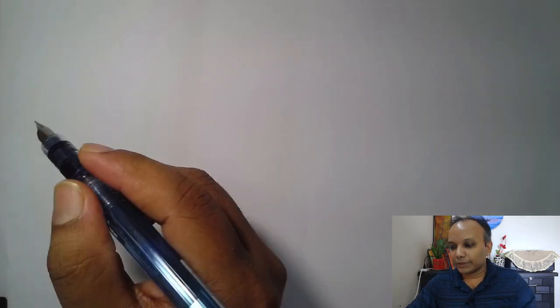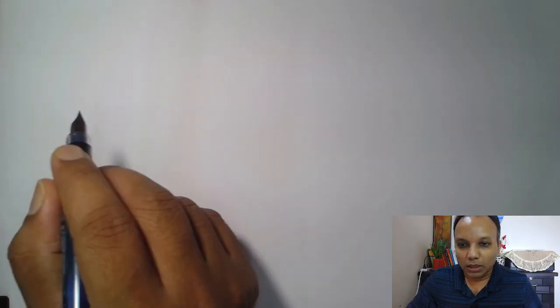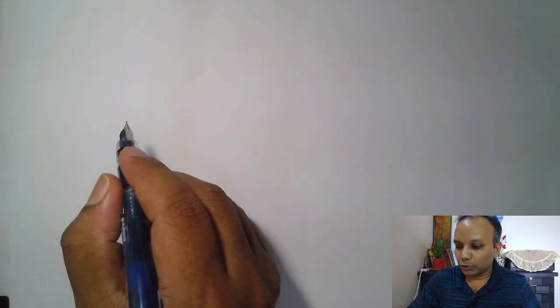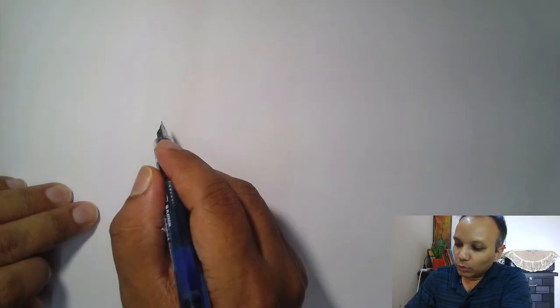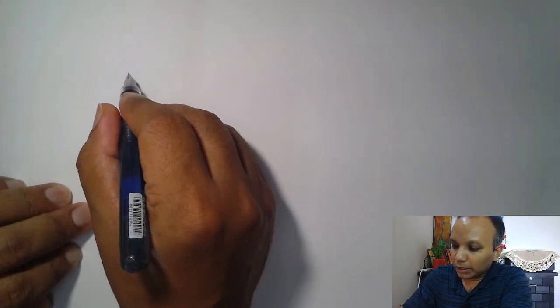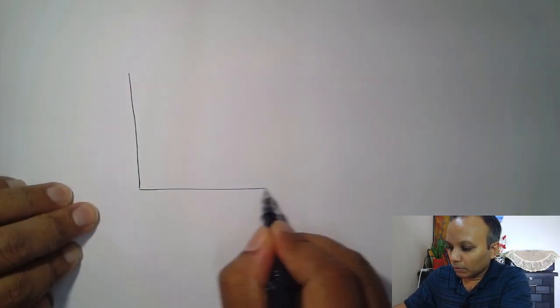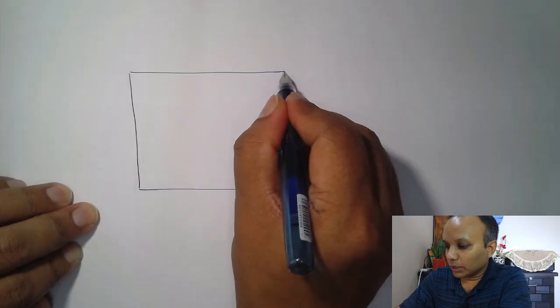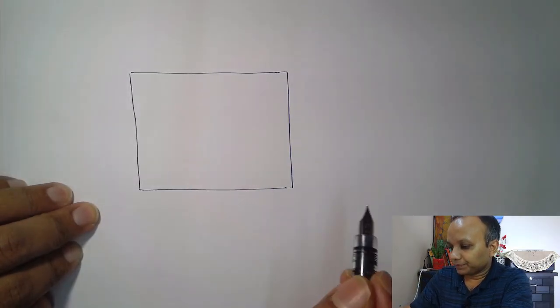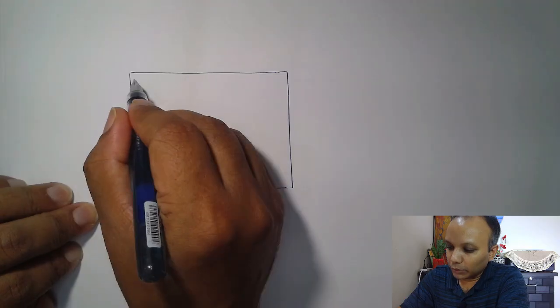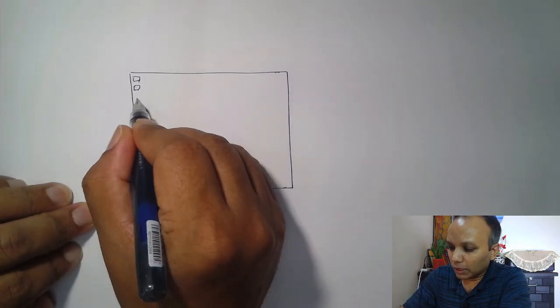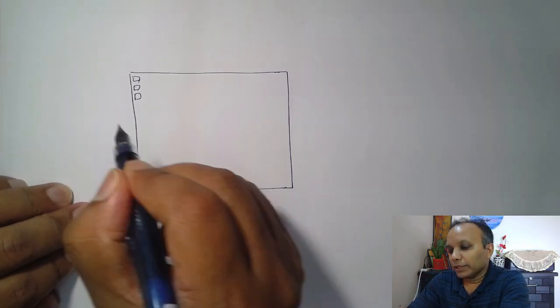I hope you guys can see whatever I am drawing. So, generally what is a memory? So, memory is some hardware which contains lot of cells. So, it is basically array of cells which contains the data.